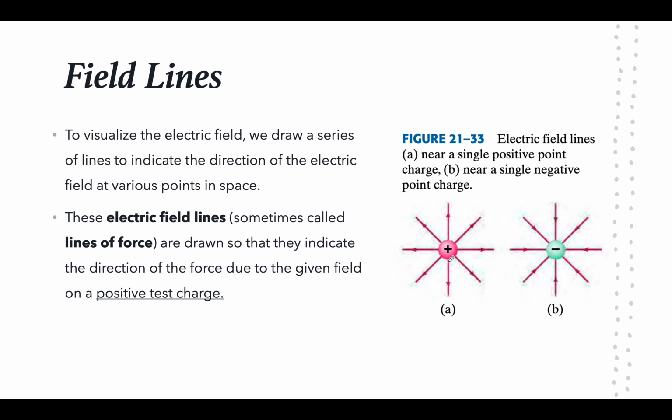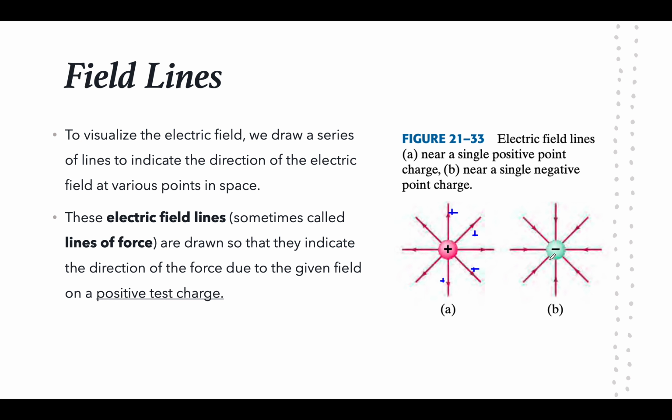For example, if we have a positive charge creating the field, and I place a positive test charge in these locations, then all these positive test charges are going to feel a force of repulsion, right? Which is why the electric field emanates away from the positive.